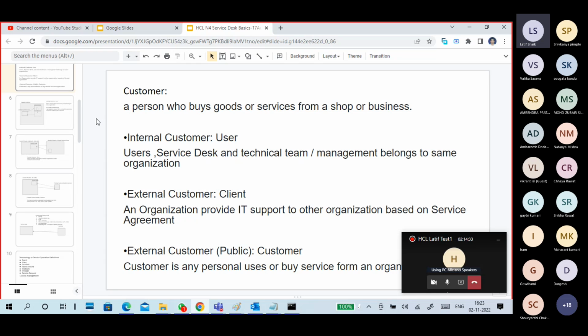Or maybe their requirement is different, like they want another requirement. They'll approach me, and that is a client, and we are the service provider. There are clients, and another type is a customer in the sense of an individual user. That is also there.